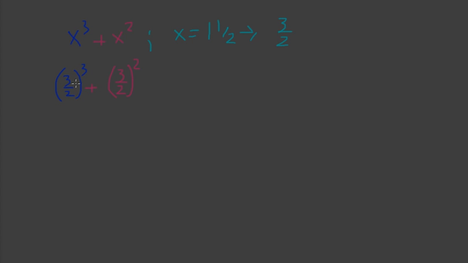I made a video about the properties of exponents, and I said that if we have the same base and we multiply them, then we add the exponents. For example, a to the third power times a to the second power would turn into a to the third plus 2.